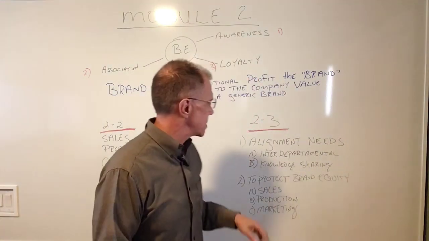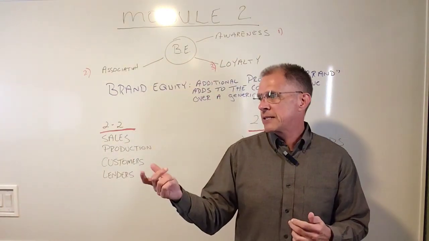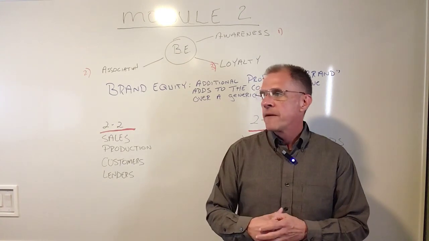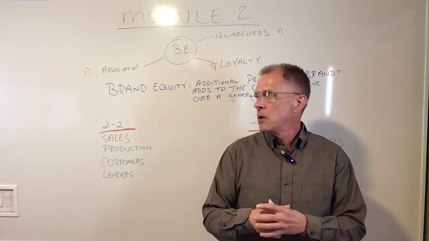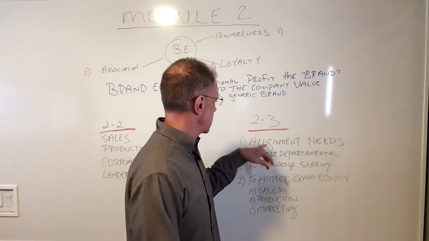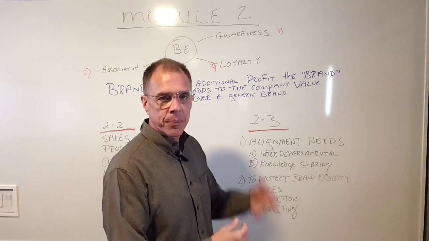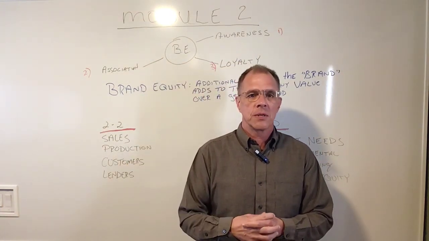So let's go over here to 2-3. 2-3 has two pieces to it. As I read the guideline, first is the need for alignment. So we're asking, why is it that sales, operations, and marketing all need to know what the others are doing?